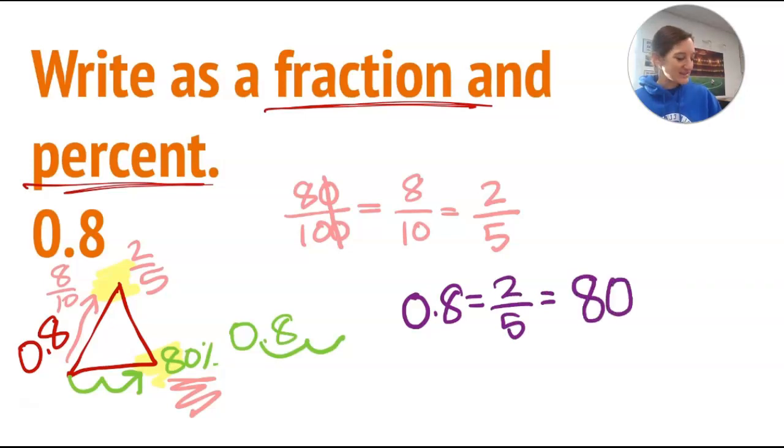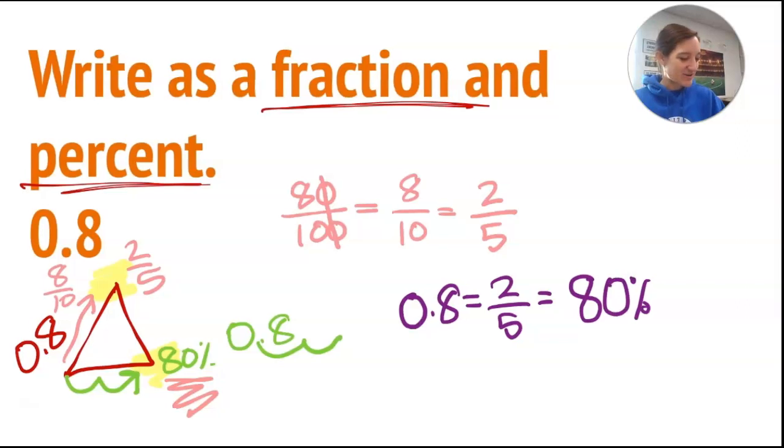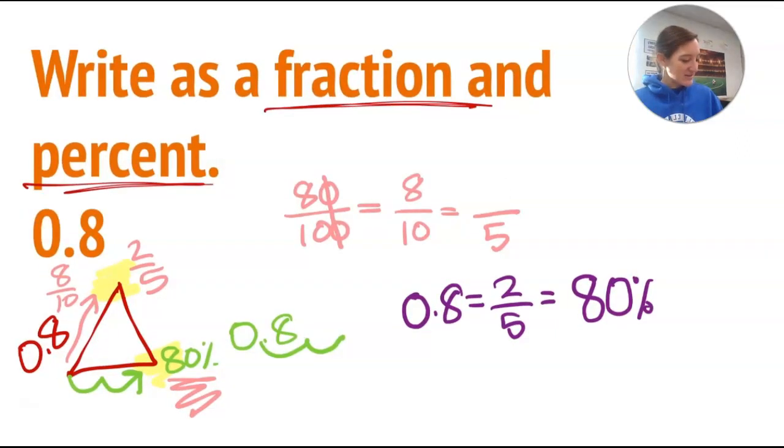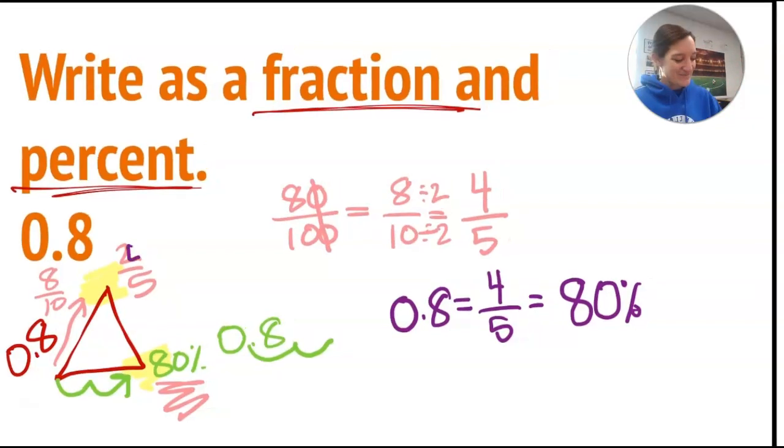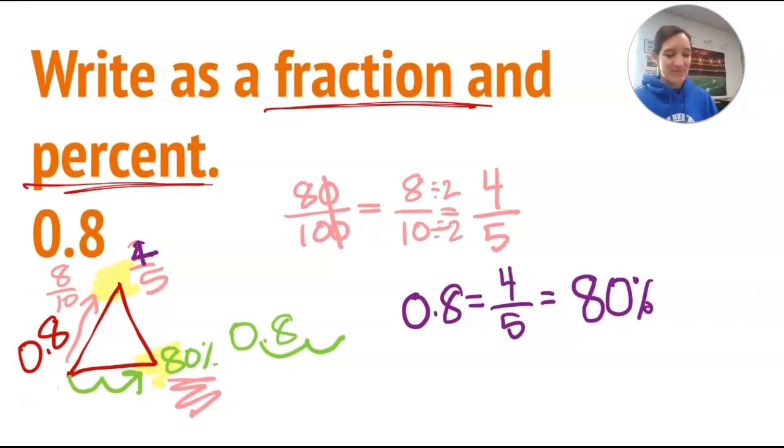That's incorrect. How many of you have already raised your hand and told me I'm wrong? That is not correct. If I divide these in half, that would be 4/5. 4/5 is the same as 80%, which is the same as 8/10.